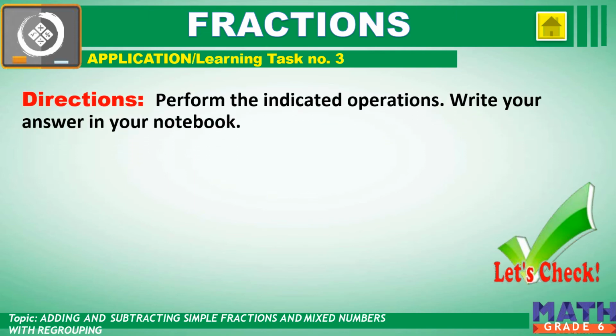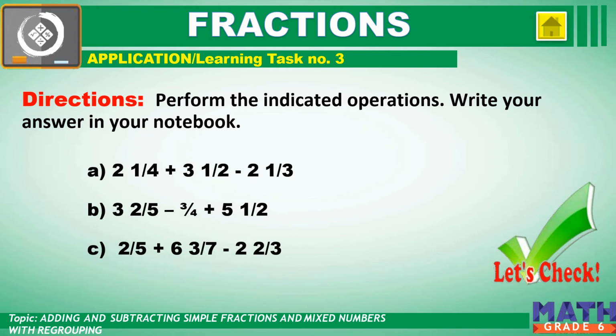Okay, so now for application, we have learning task number 3. This is our direction: perform the indicated operations. Write your answer in your notebook. For letter A, 2 and 1/4 plus 3 and 1/2 minus 2 and 1/3. For letter B, 3 and 2/5 minus 3/4 plus 5 and 1/2.